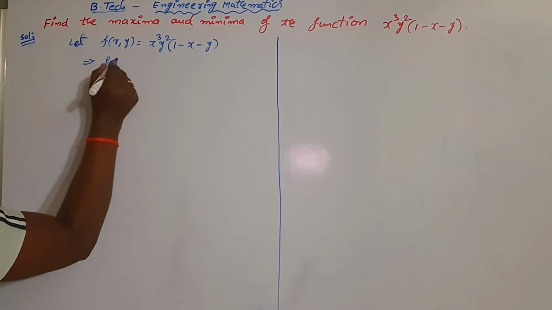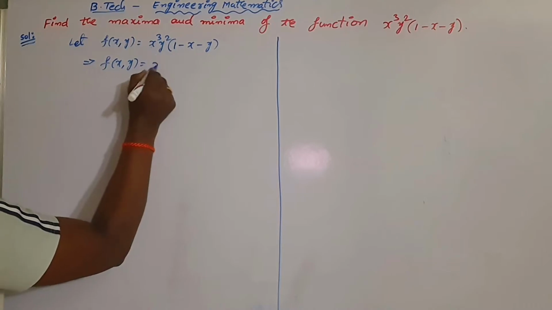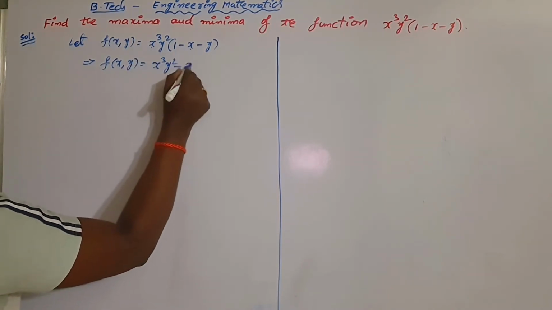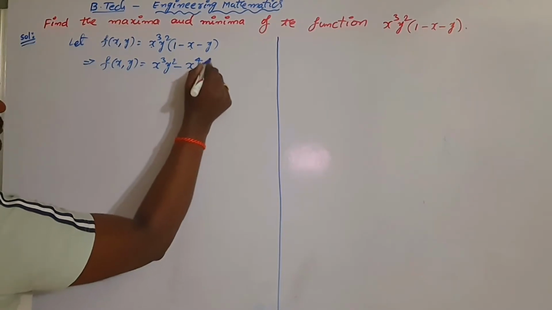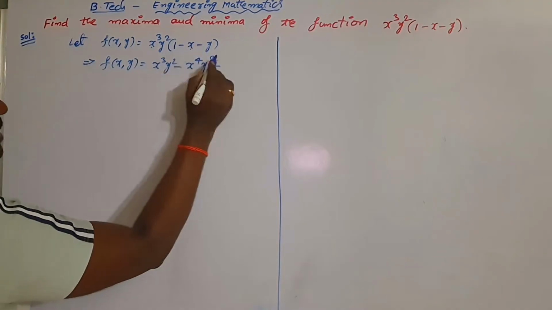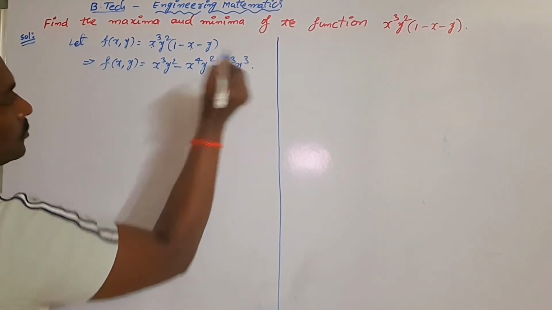So f(x, y) can be written as x³y² into 1, x³ into x, it would be x⁴y², minus x³ into y² into y. So y² into y is y³.